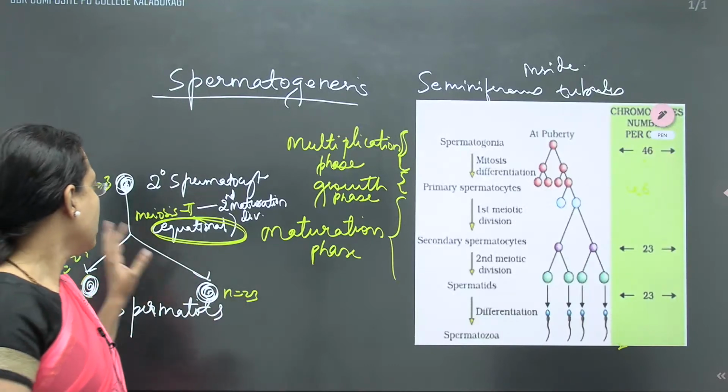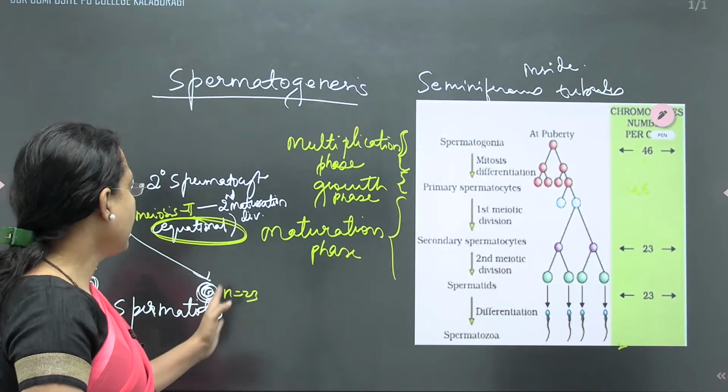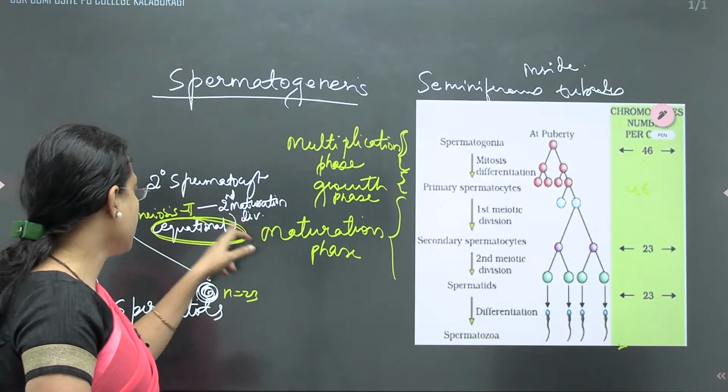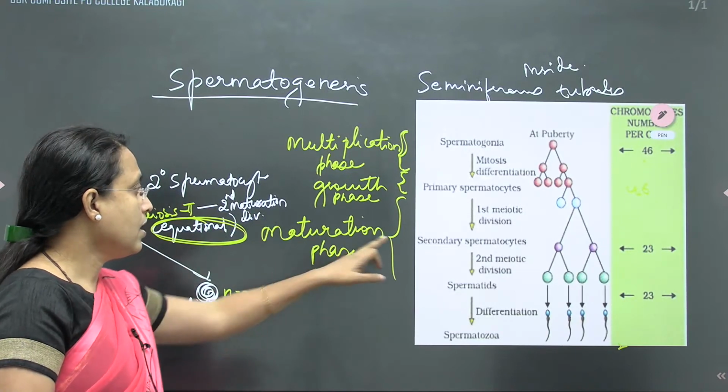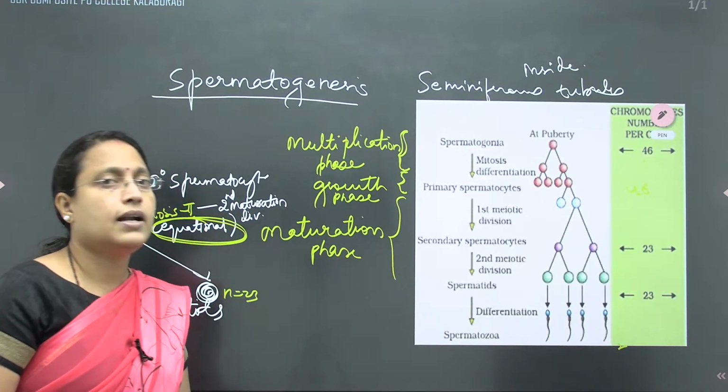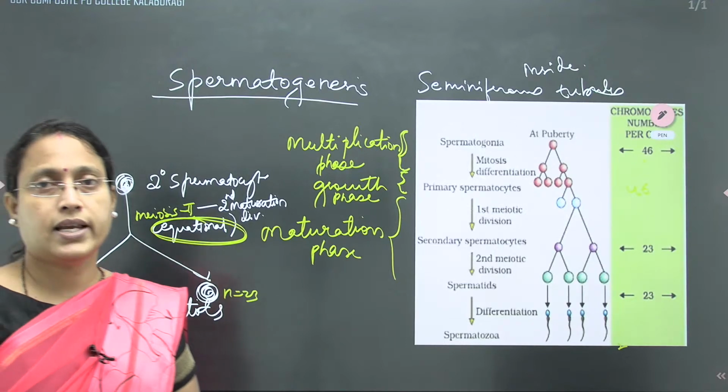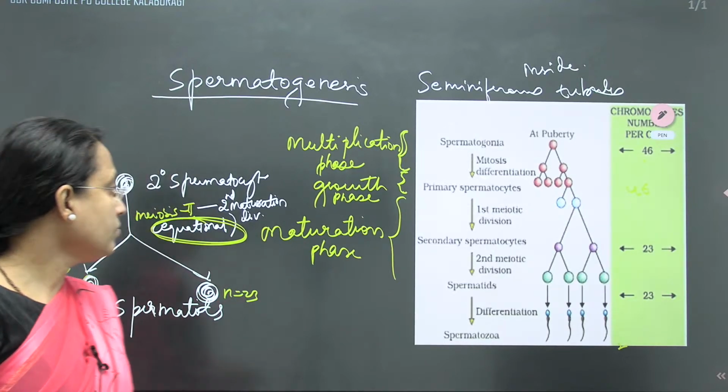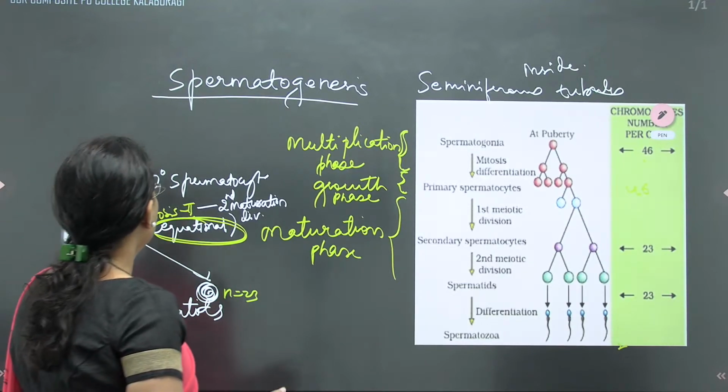So this is the second maturation division or second meiosis, by the secondary spermatocyte.